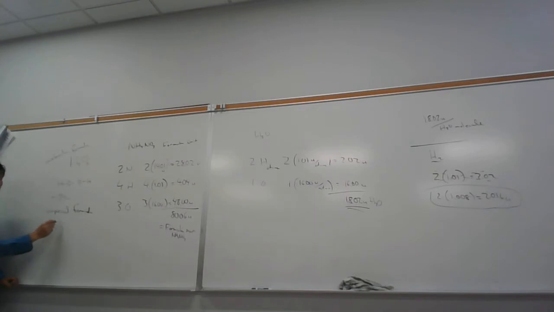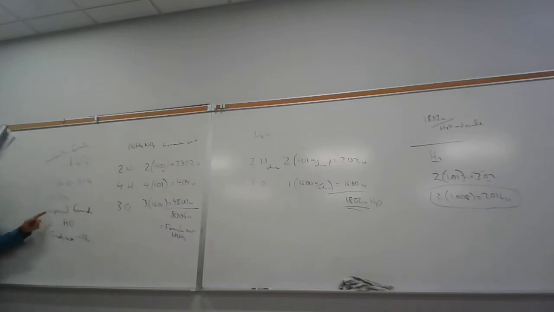That's not the simplest ratio. The simplest ratio is H1O1. We'll just call it HO. And so what's the formula mass of this? The formula mass for this is 16 plus 1 is 17 U.